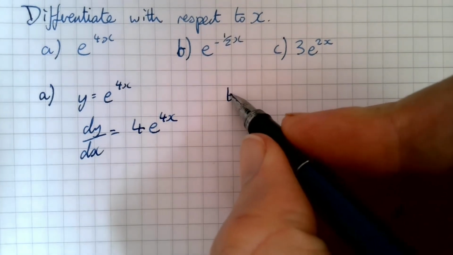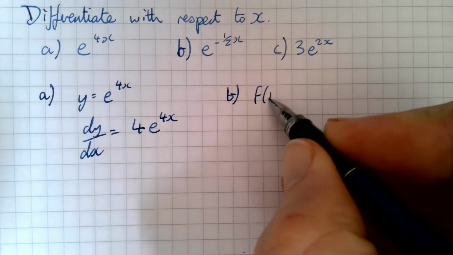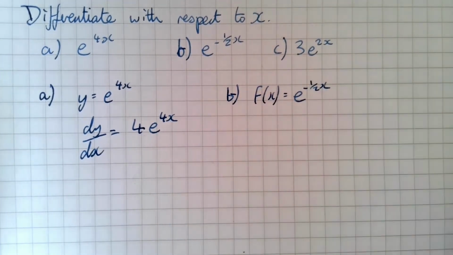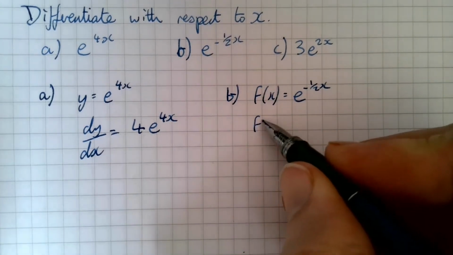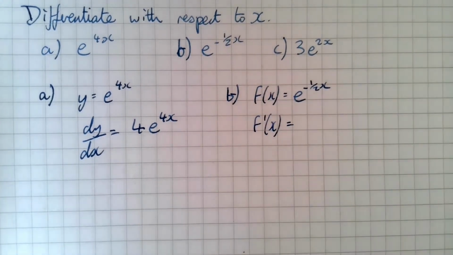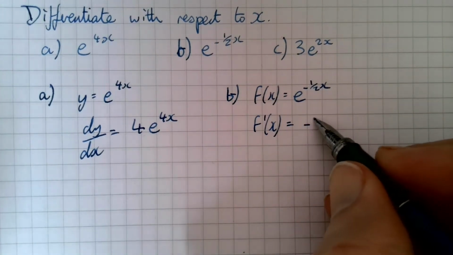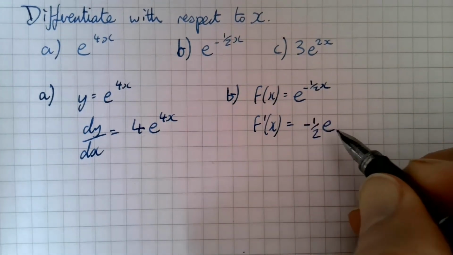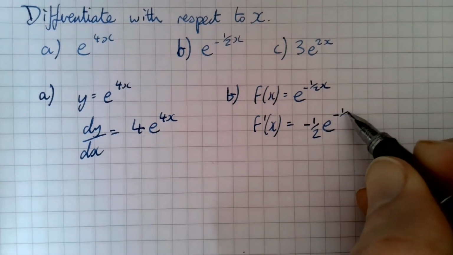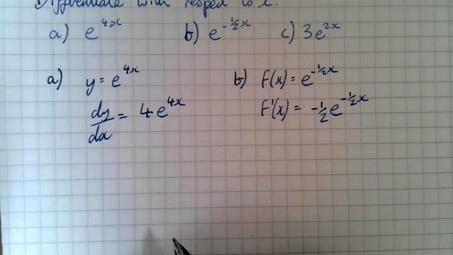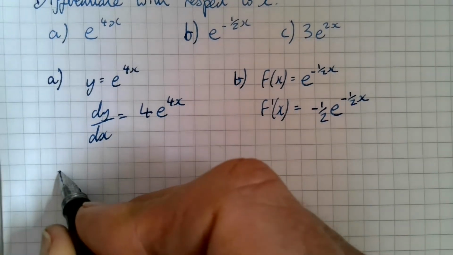For part b, let's say the function of x this time is equal to e to the minus a half x. Therefore, when we differentiate, that would be multiplied by the k, which is minus a half in this case, e, and then we keep the power exactly the same. One last one to go.